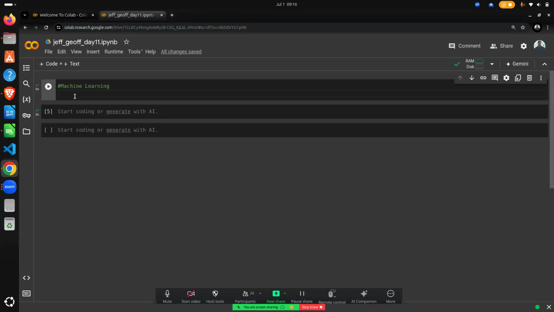Now, machine learning is a subfield of artificial intelligence. It focuses mainly on development of algorithm and statistical models that enable computer to perform tasks without explicit instruction.